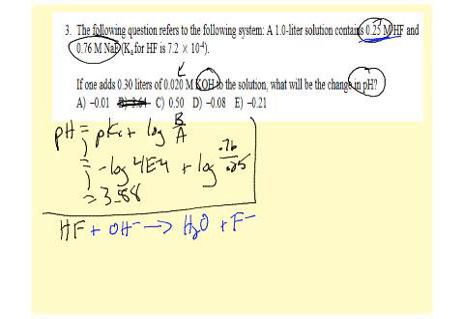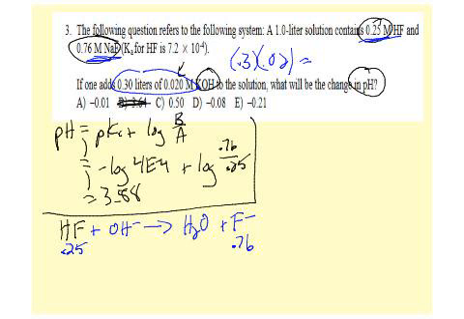My HF is 0.25. My F negative is 0.76. And then my moles of OH negative would be 0.3 times 0.02, which is 0.006. Now, since this reaction goes to completion, I'm going to do minus 0.006, minus 0.006, plus 0.006.